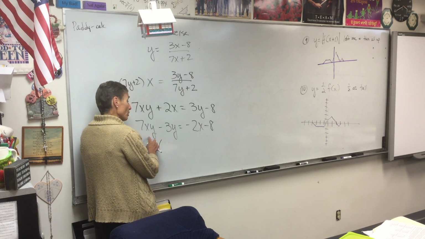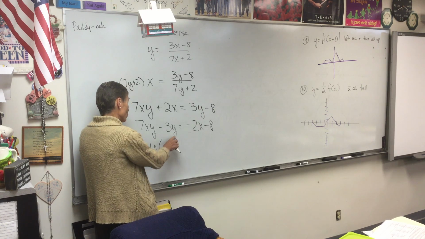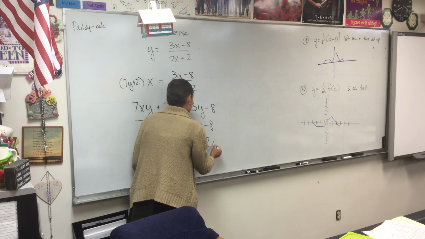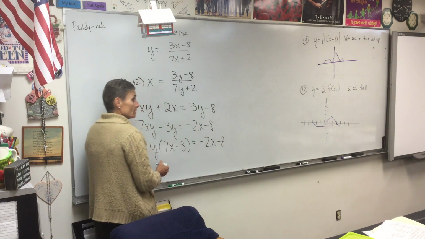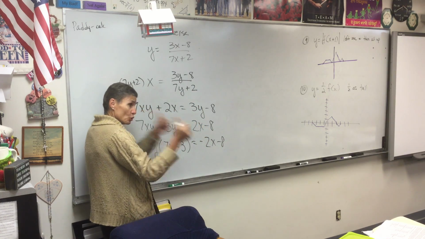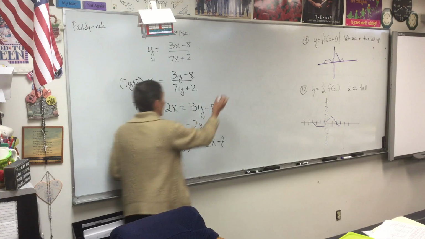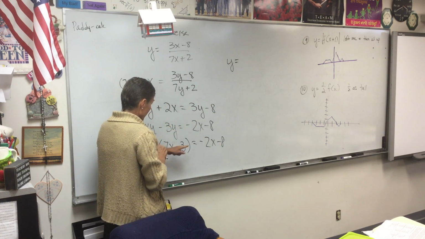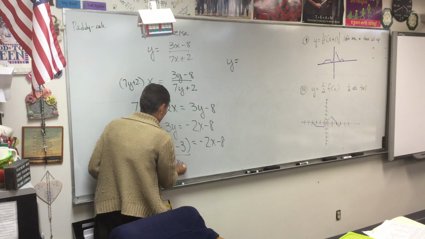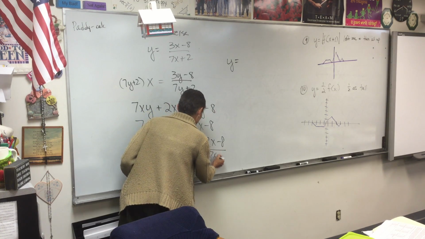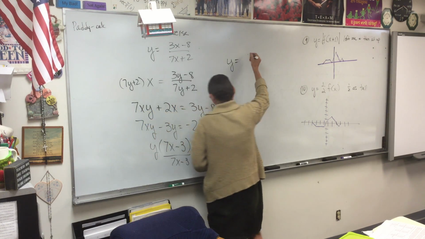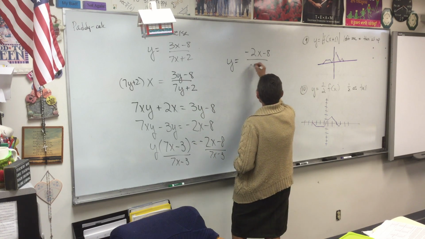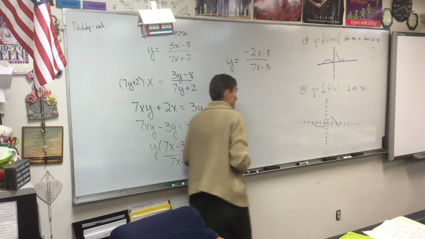This is why you put them on the same side, so you can pull it out, and now how many y's are in the problem? Just one. That's good news, because your job is to get y by itself, so y will be, and I'm going to divide both sides by the parentheses. So my inverse is negative 2x minus 8 over 7x minus 3.